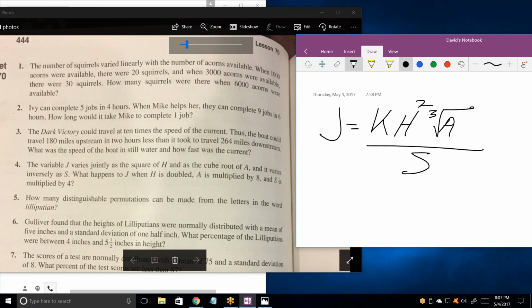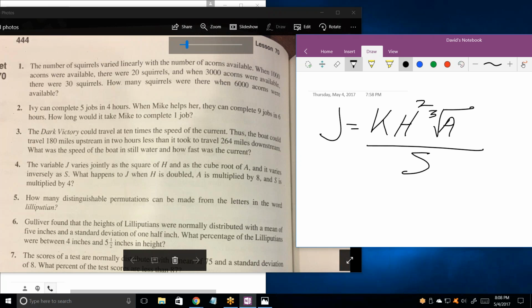Now, it says, what happens to j when h is doubled? Oh, okay. When h is doubled, a is multiplied by 8, and s is multiplied by 4. Well, if a is multiplied by 8, it becomes the cube root of 8a, right?